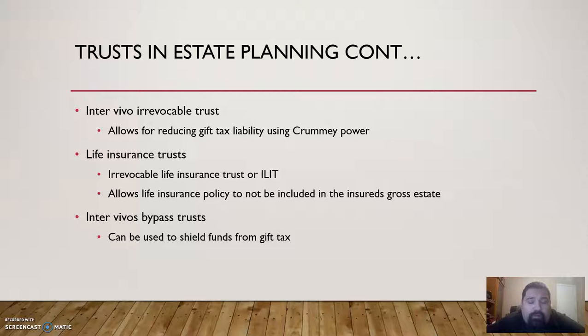So, as the grantor, if you were to set up this life insurance trust, this policy would not be included in your gross estate. Now, an inter vivos bypass trust can be used to shield funds from gift tax.